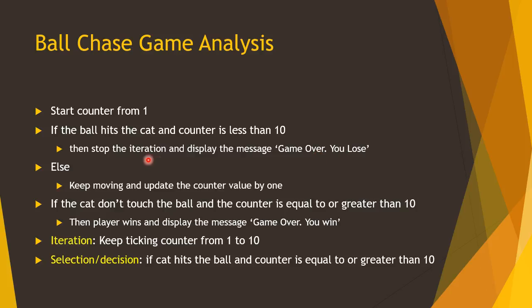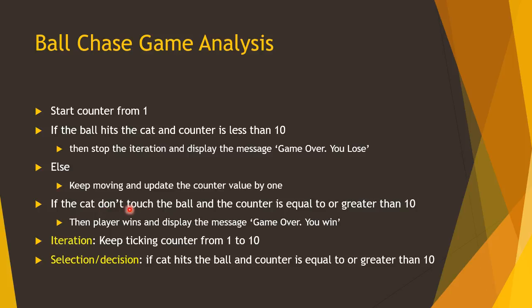As you may notice, this action, that is stop the iteration and display the message game over, has been associated with this condition: if the ball hits the cat and the counter is less than 10. Else we keep the normal things, that is keep moving and update the counter value by 1.